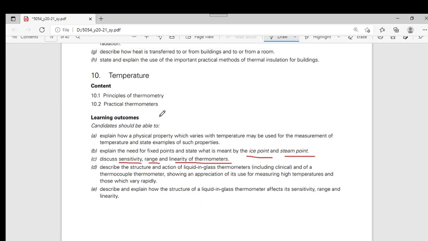So now these are the 10 topics from the syllabus.